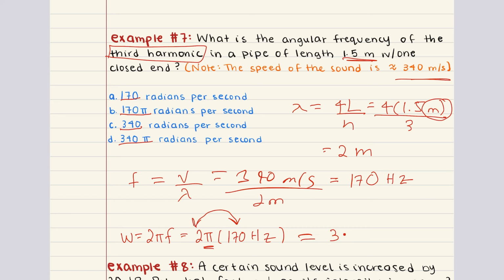That's equal to 340. And we can keep pi as is. This gives us an angular frequency of 340 pi radians per second. And that aligns with answer choice D. So the correct answer for problem 7 is D. We first determined the wavelength of the third harmonic, then we calculated the frequency of the third harmonic, and then we converted frequency to angular frequency.